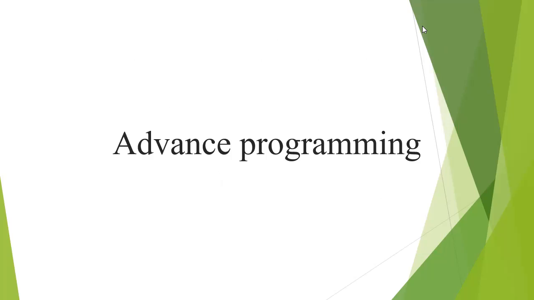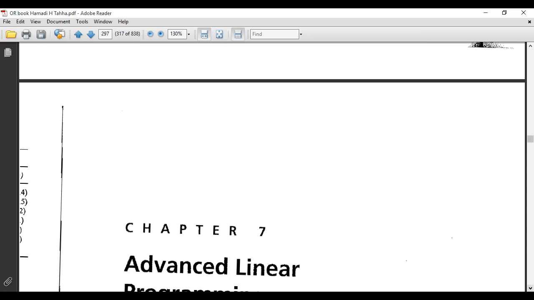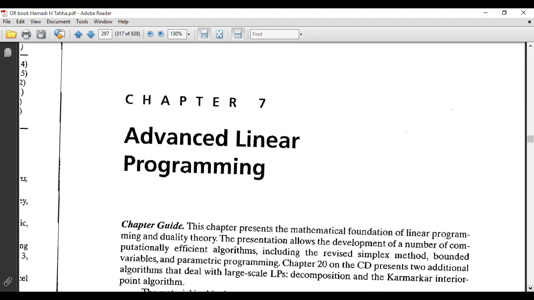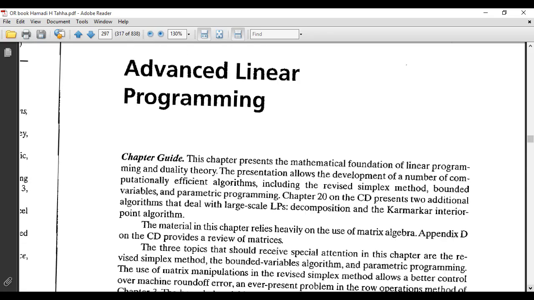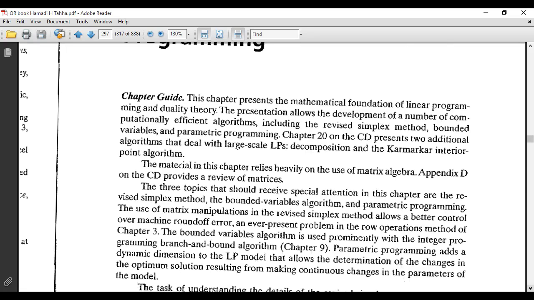We will go through it with the help of the Operations Research course book by Hamdy A. Taha. Yes, class, for advanced linear programming we have chapter 7 in the Taha book. In linear programming we have done the graphical method for finding the optimal feasible solution, and then the simplex method.